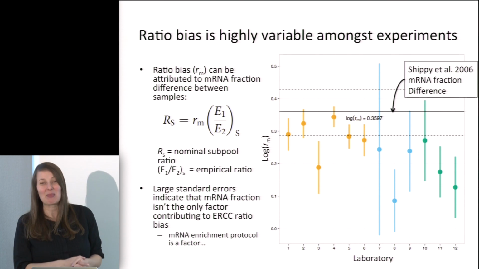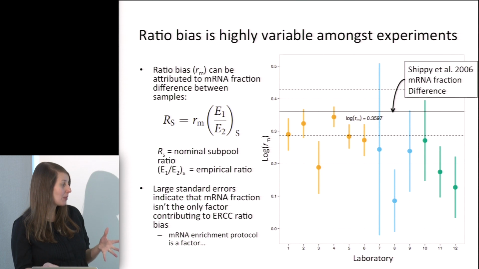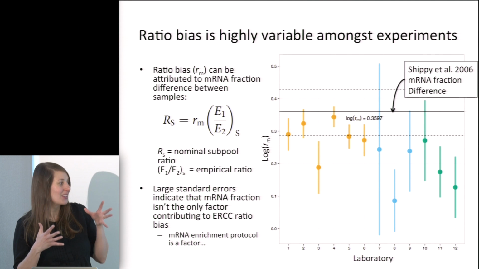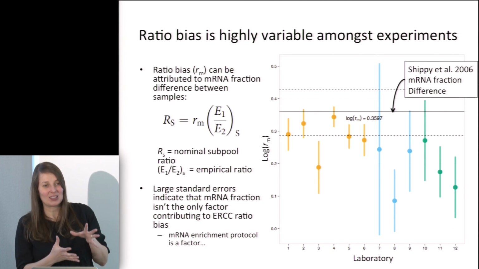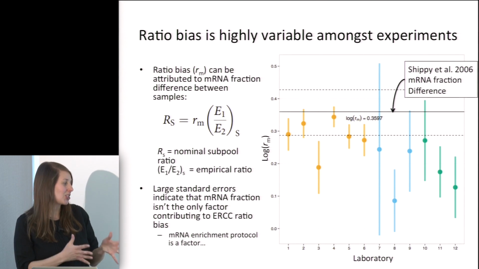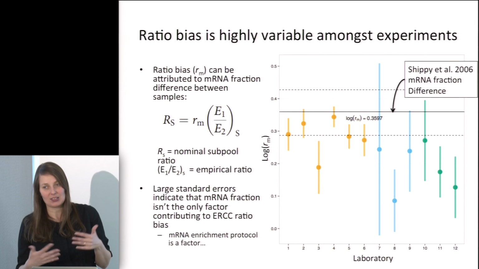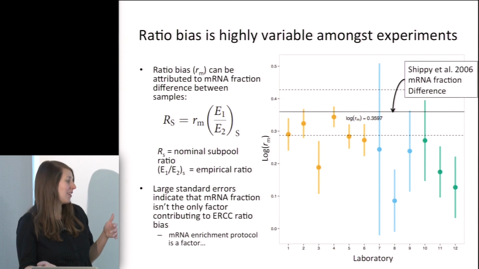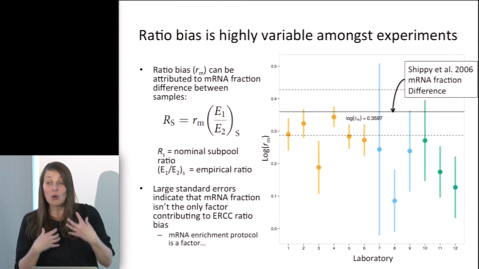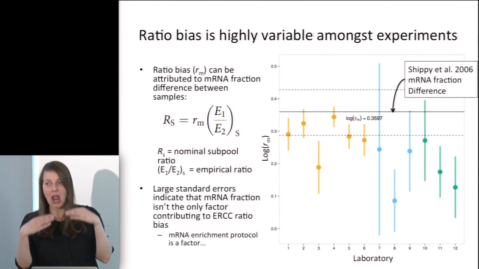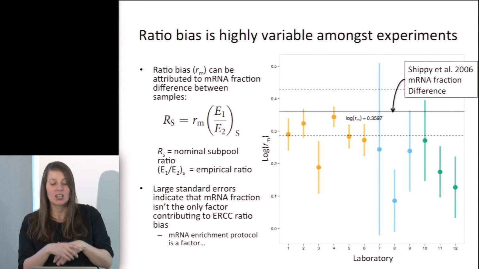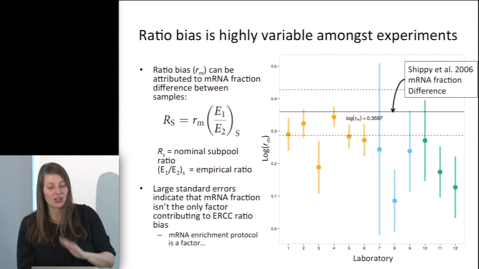And one can see that the ratio bias is actually highly variable amongst experiments, but also there are very large standard errors for each of these measurements, which gives us an indication that the mRNA fraction actually isn't the only factor that's contributing to these ERCC ratio biases. The mRNA enrichment protocol is a protocol-dependent bias, not just this inherent mRNA fraction bias that would be a property of the samples. So this protocol-dependent bias is an issue here.